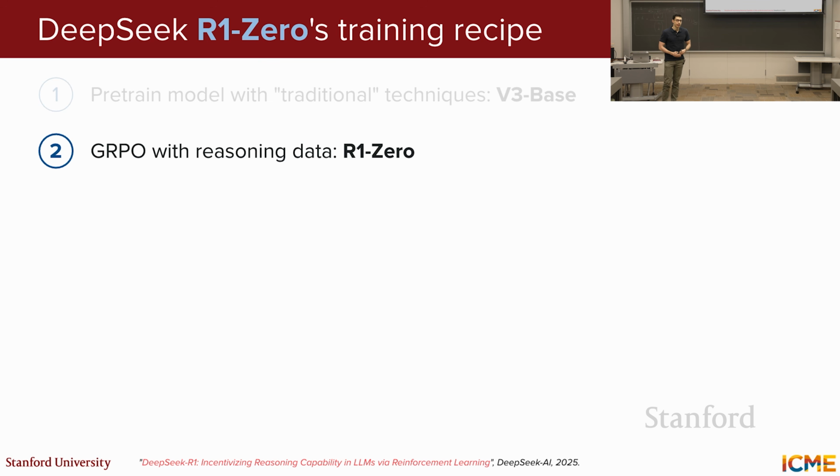They look at rewards, and all they incentivize the model to do is to increase the rewards based on the answer that the model gives, as well as formatting. So if you have your thoughts in think tokens that Afshine mentioned, then the reward on the formatting side would be given.